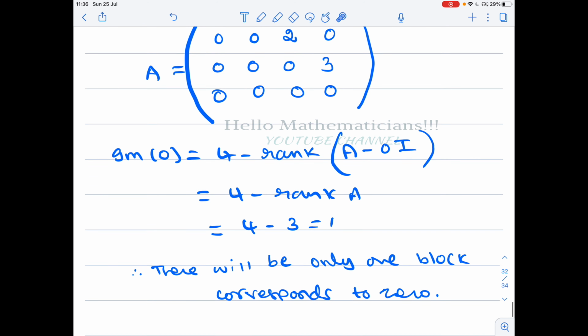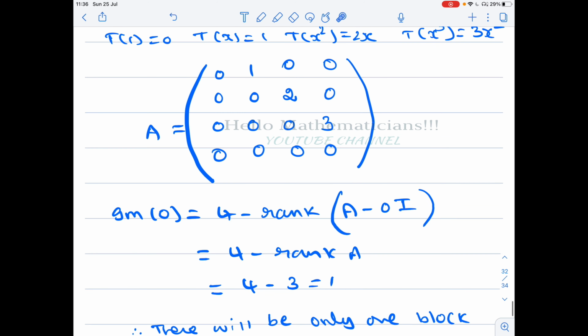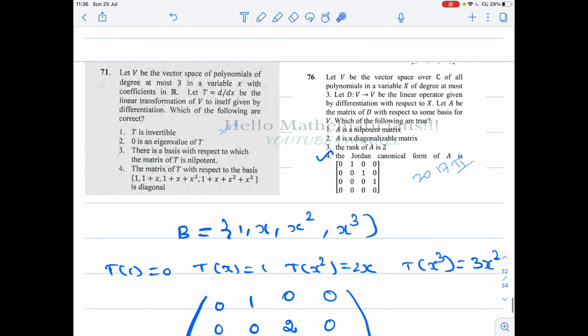Clearly, since algebraic multiplicity is 4 and geometric multiplicity is 1, therefore the matrix is not diagonalizable. So the option that A is a diagonalizable matrix is false. And equivalently, there is a basis with respect to which it is diagonal, also false. Now, 0 is an eigenvalue is correct.